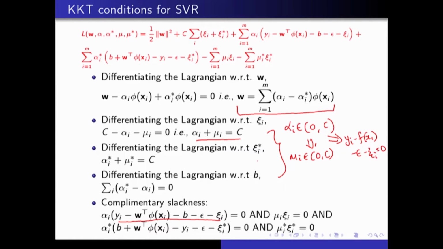Now mu_i between 0 and C would imply from the complementary slackness that xi is equal to 0. So substituting xi equal to 0, all these points with alpha_i between 0 and C are the points where y_i basically equals f(x_i) plus epsilon. That is, these are points on the margin.